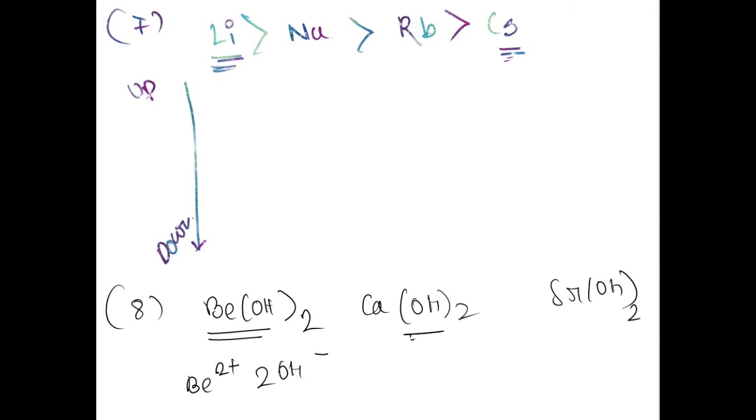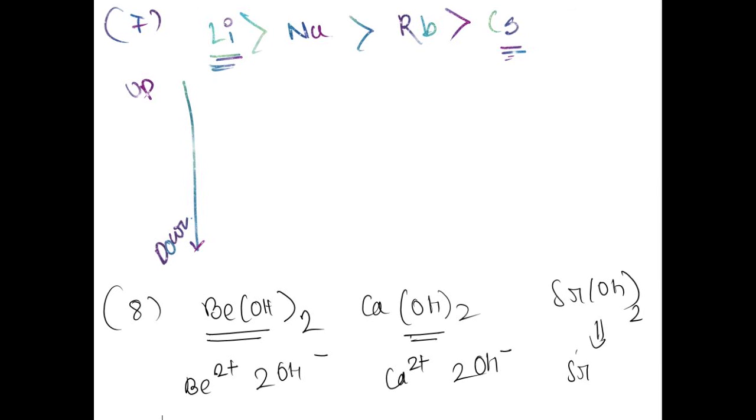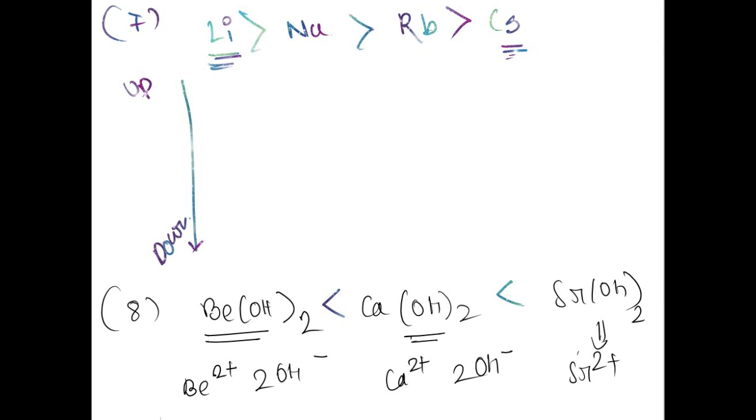As we know, if we go from up to down, electropositive character increases. So the tendency of giving cation and anion will increase from beryllium to strontium. So the solubility trend will be beryllium hydroxide, calcium hydroxide, then strontium hydroxide.